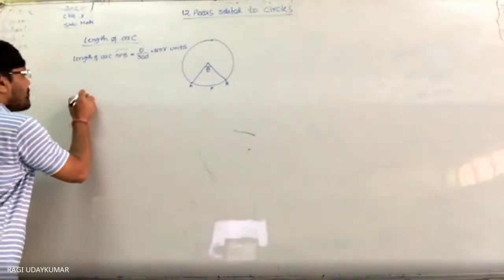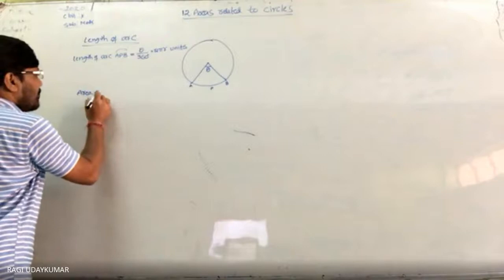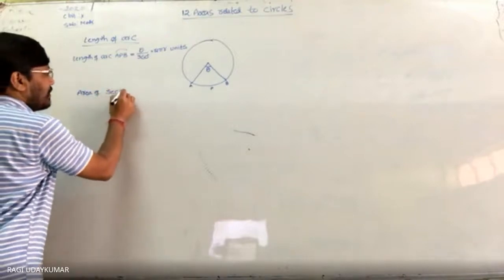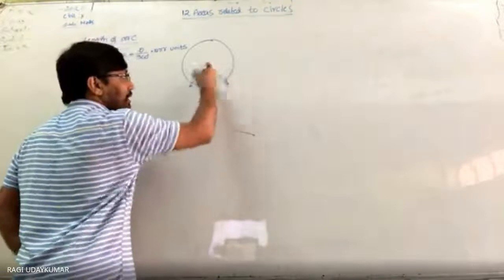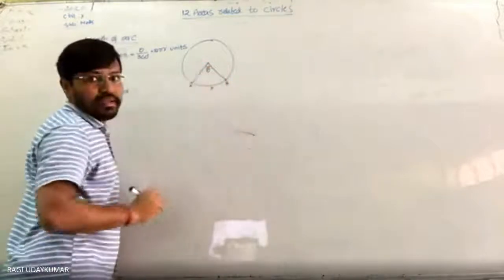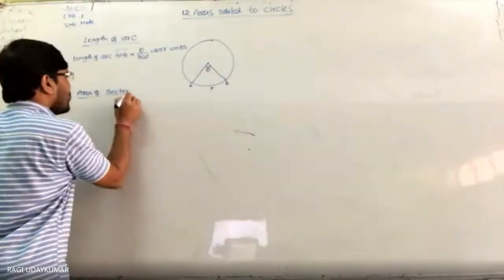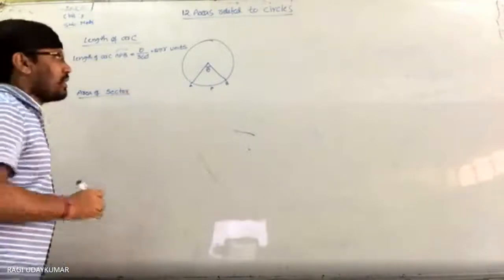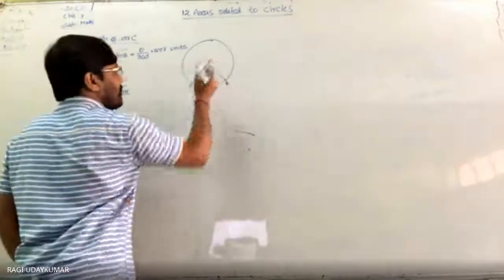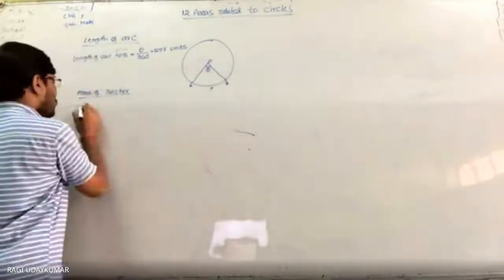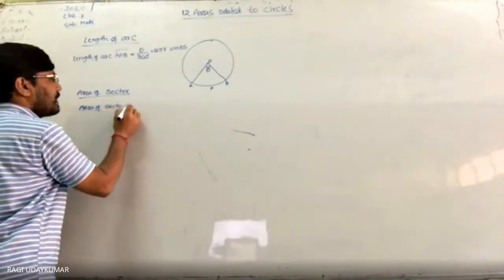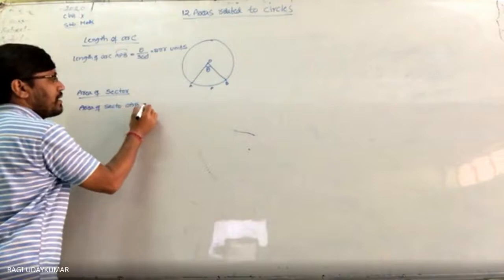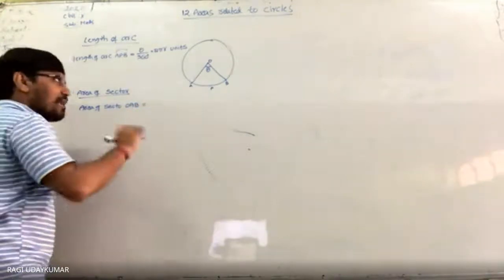So now, the area of the sector. This is the arc. ये पूरा region को sector बोलते हैं. So area of the sector formula क्या है? Here, the center can be taken. So area of the sector OAB is the same.